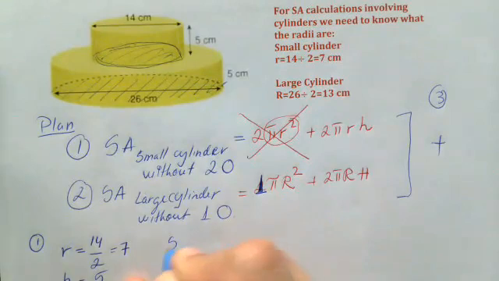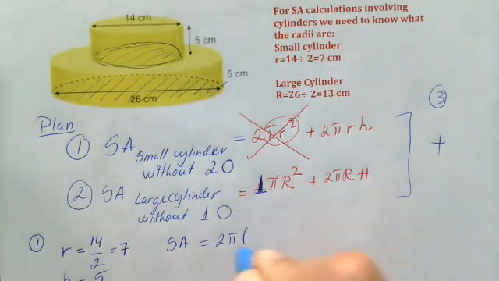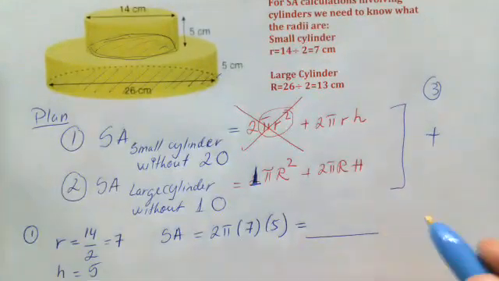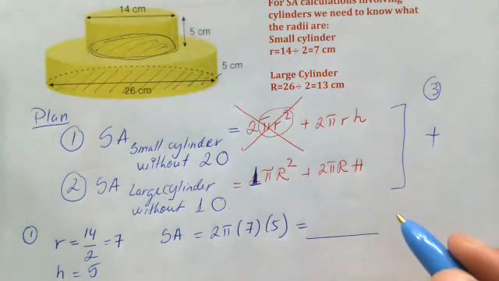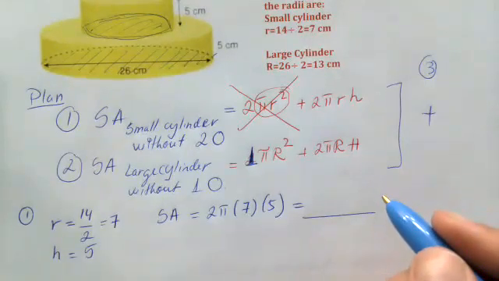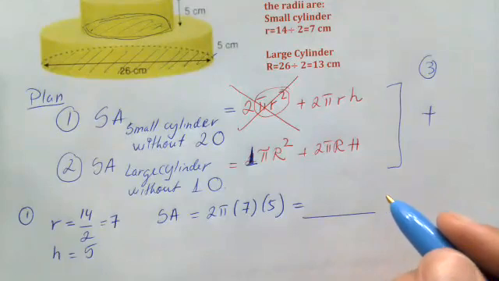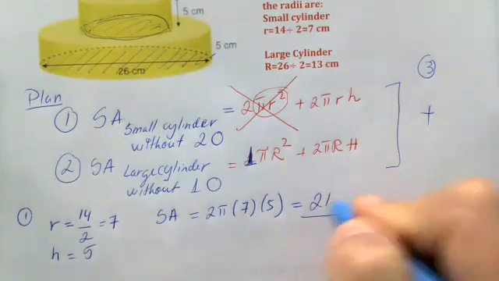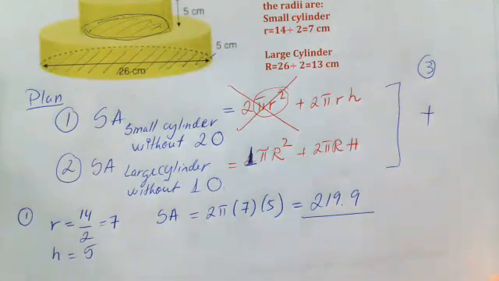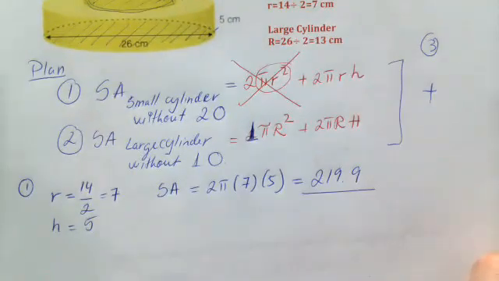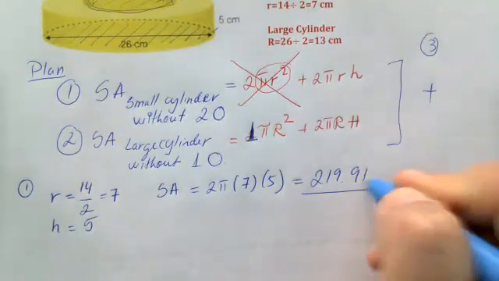So now the surface area is going to be 2 pi times 7 times 5 equals... 219.911.